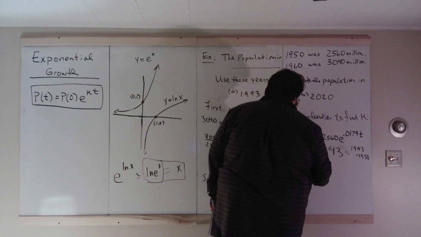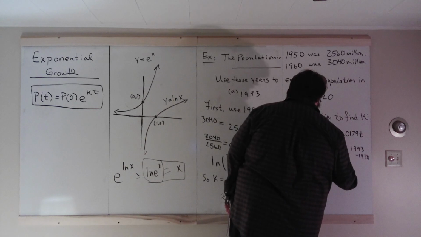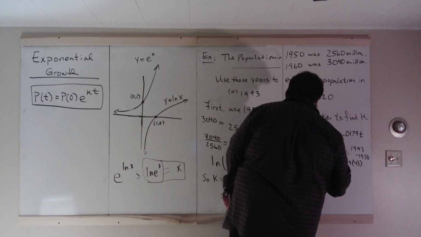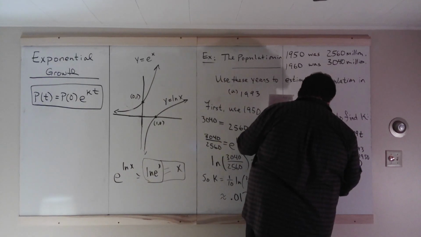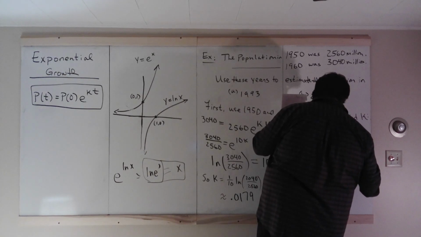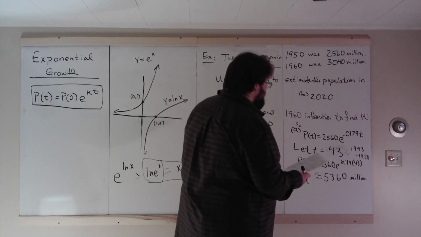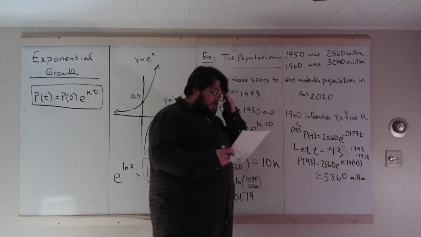So P of 43 is 2560 e to the 0.0179 times 43, which is approximately equal to 5,360. So the population is 5,360 million.